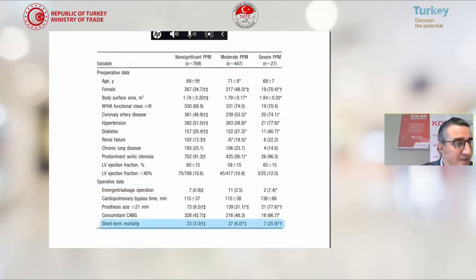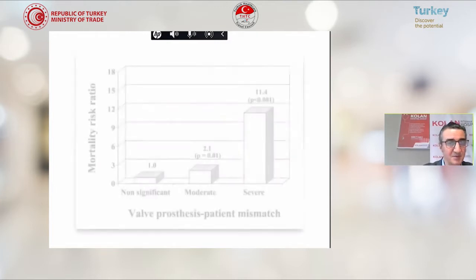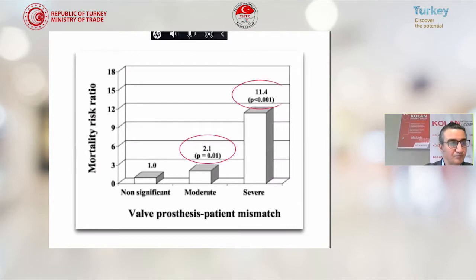In this table, you see the mortality rate was 3% in non-significant PPM, 6% in moderate PPM, and 26% in severe patient-prosthesis mismatch. Here you see the mortality risk is twofold in patients with moderate PPM and 11-fold with severe PPM when compared to patients with non-significant patient-prosthesis mismatch.